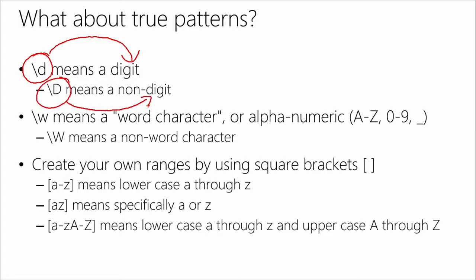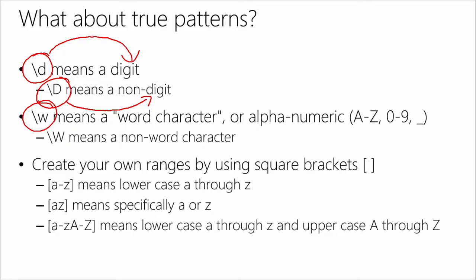This is one common pattern throughout regular expressions: the lowercase letter means whatever it is referring to, and the capital letter means the opposite. So a lowercase d means digit, capital D means non-digit. And if we keep on keeping on, lowercase w means a word character, capital W means a non-word character.